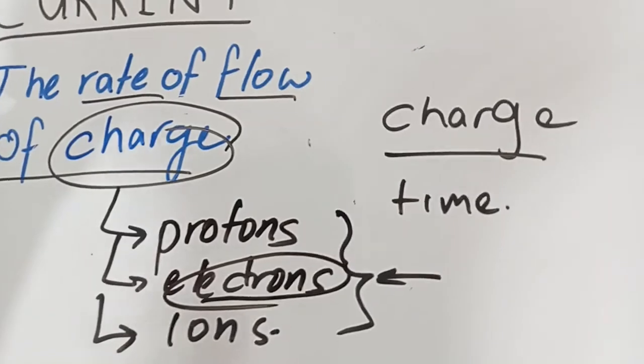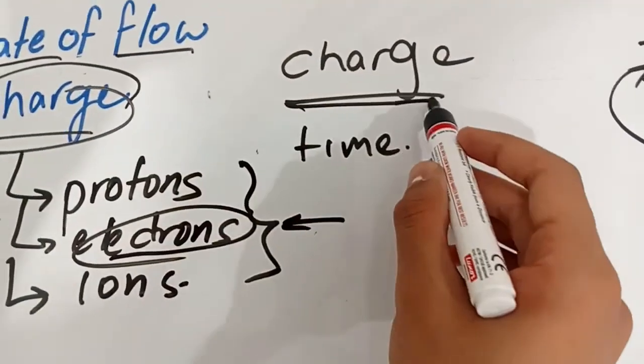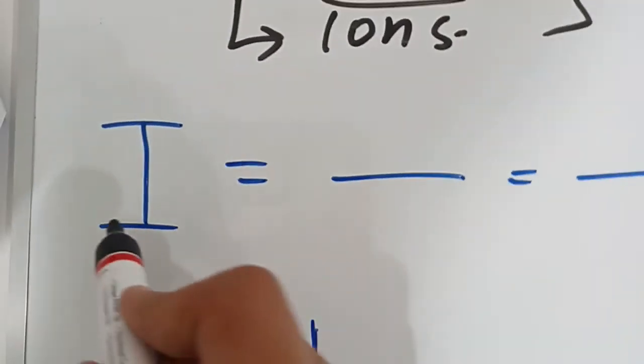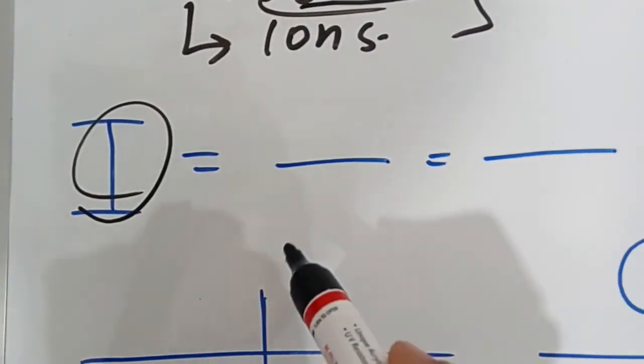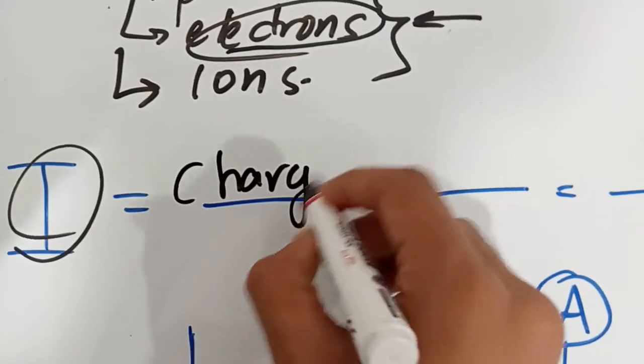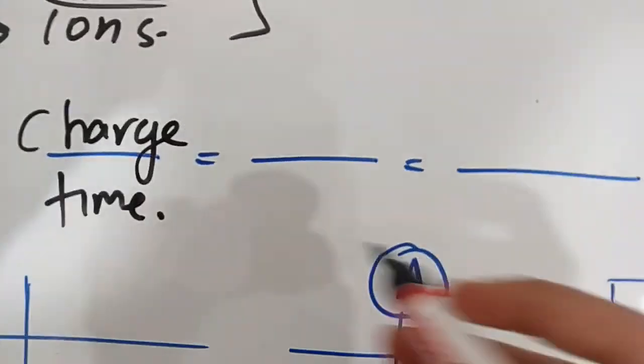And when we say rate, we often have a fraction, and here it's charge over time. So let's look at that as well. The symbol for current is I. We already established that it's charge over time. Another way we can look at this is by taking their symbols.